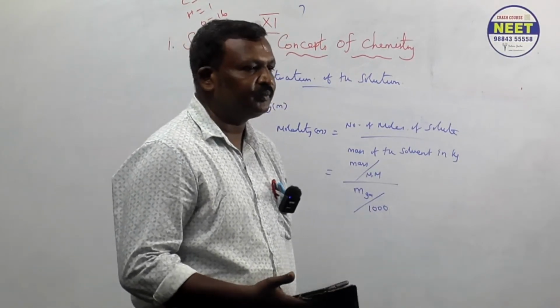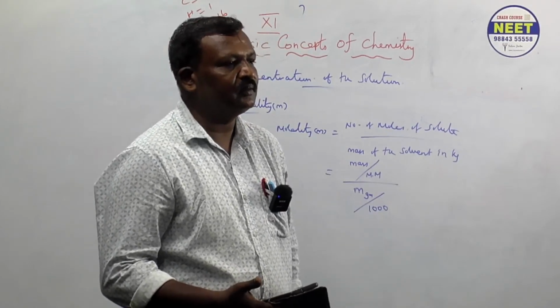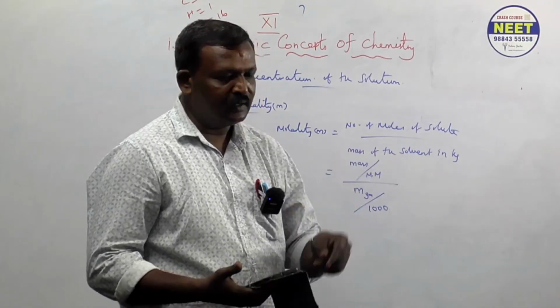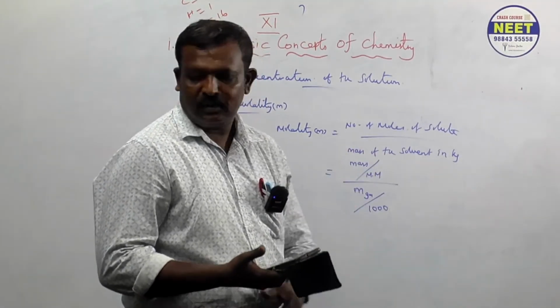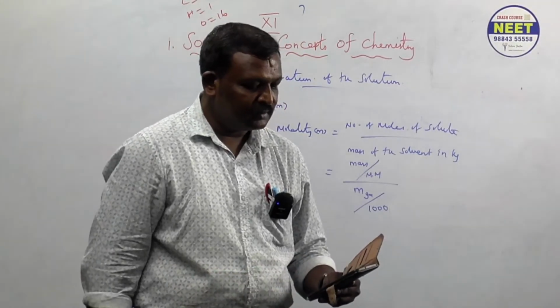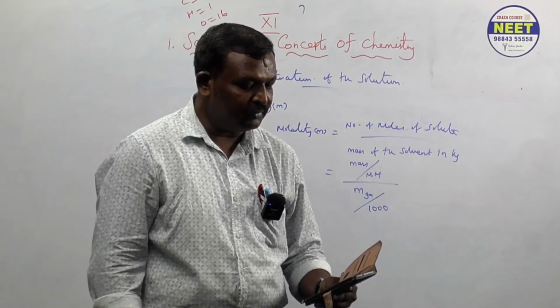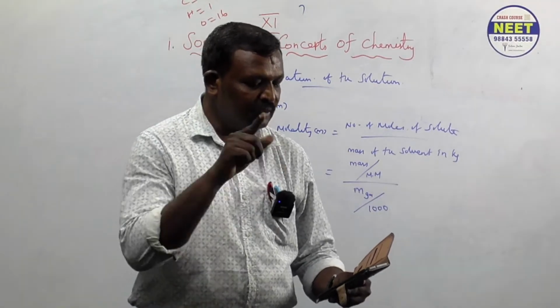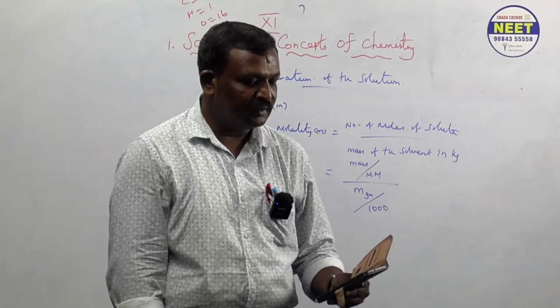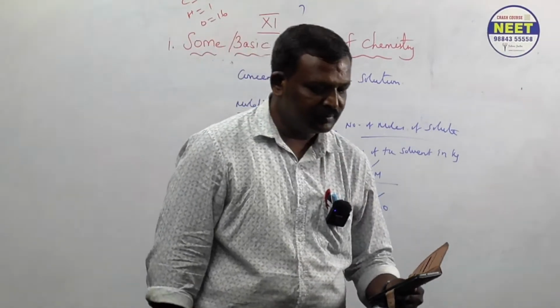CH3COOH. Close the bracket. Calculate the molality of 2.5 gram of ethanoic acid in 75 gram of benzene.